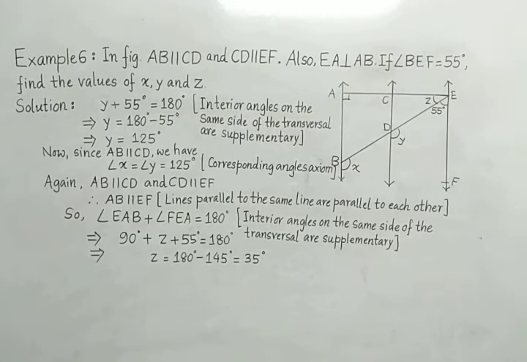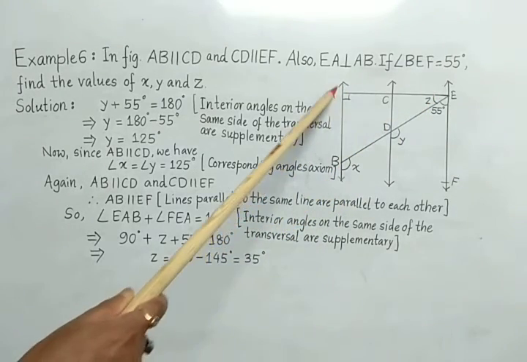Now let us see the next example. Example number 6. In example number 6, it is given in the figure that AB is parallel to CD. You can see AB is parallel to CD, and again CD is parallel to EF. Also it is given that EA is perpendicular to AB.